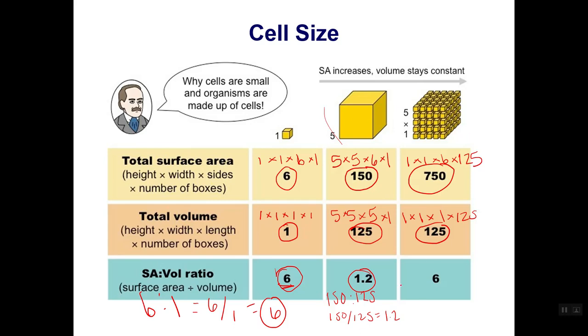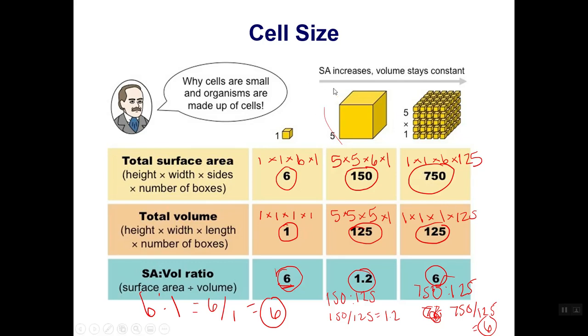So for the surface area then, we would set 750 to 125. And again, that's the same thing as saying 750 divided by 125, which gives us 6. All right, so I hope that will help give you all a better understanding of surface area to volume ratios.